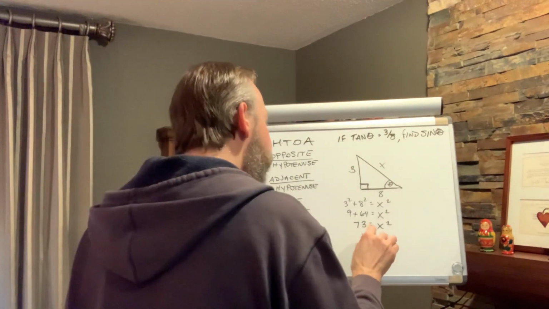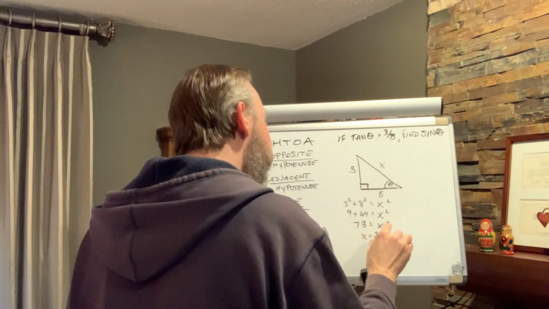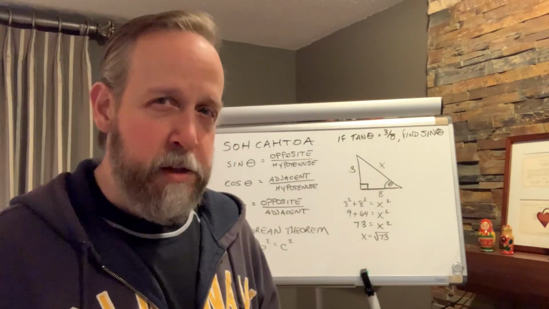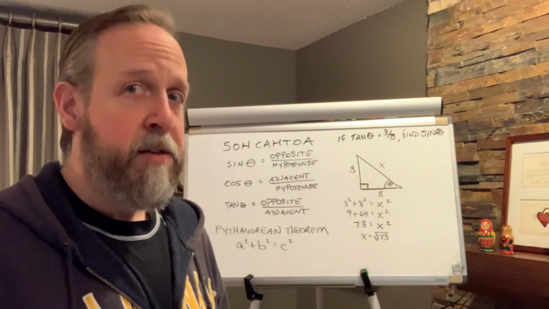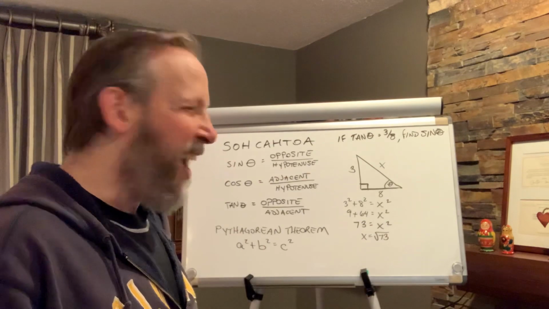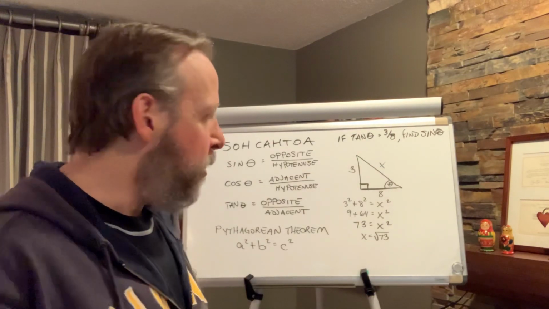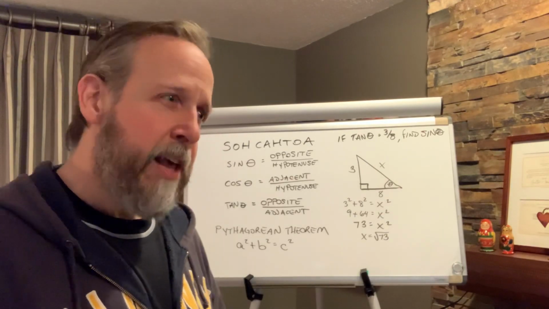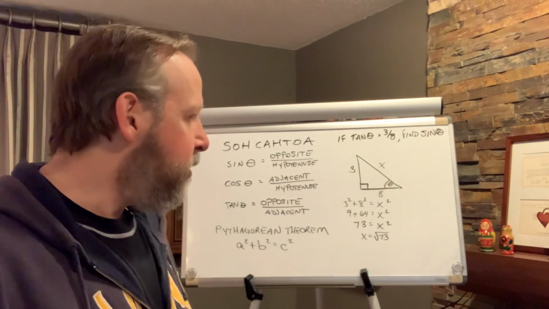If I take the square root of 73, a couple of things first. If I want to reduce the radical, can I? Does anything go into 73? I don't think it does, but I also know that there's no perfect square that goes into 73 that allows me to reduce. 9 doesn't go into 73.